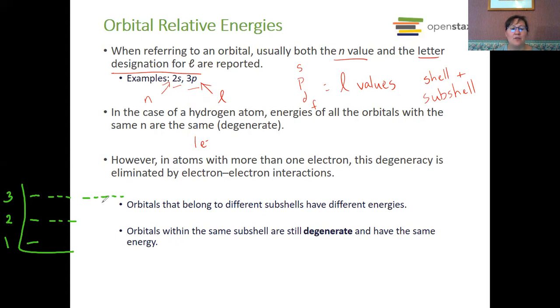Well, 3d, but there's 5 of them. Okay, and in hydrogen, these are all the same. All the level 2s are the same, all the level 3s are the same. However, that doesn't happen anywhere but hydrogen, because in everything except hydrogen, you have electron-electron interactions. Even in something as small as helium, which only has 2 electrons in the 1s shell, you're still going to have electron interactions that are going to make these subshells exist at different energies.